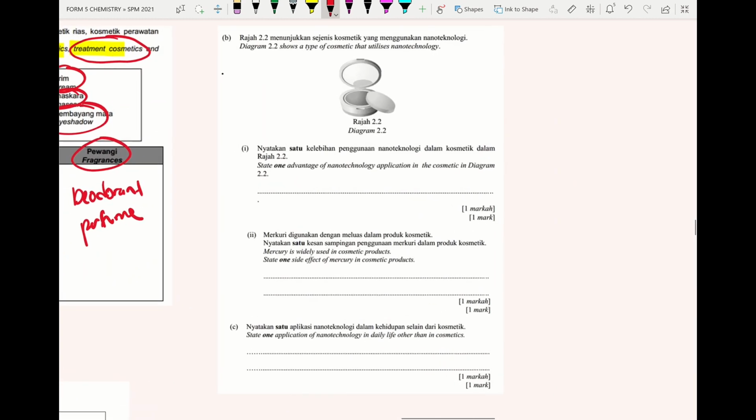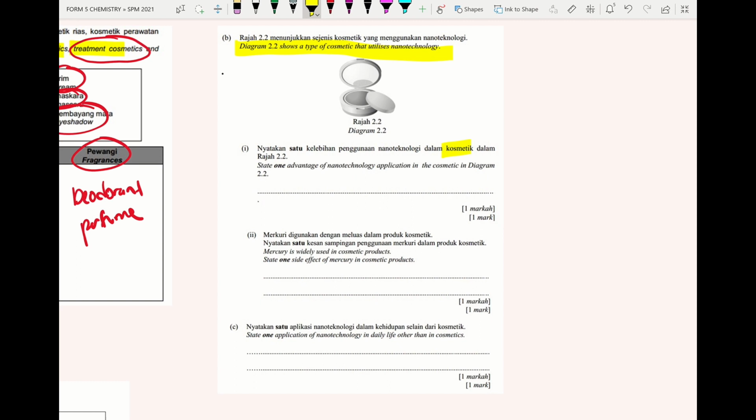Try to check this question. Diagram 2.2 shows the type of cosmetic that utilizes nanotechnology, the use of nanoscale particles, very tiny particles. State one advantage of using this cosmetic.